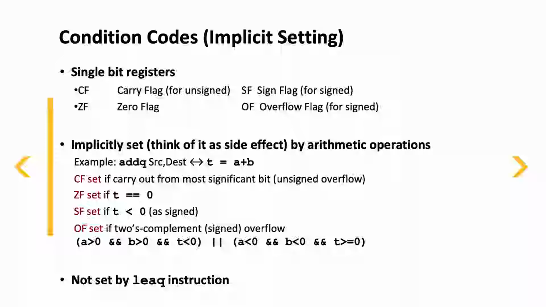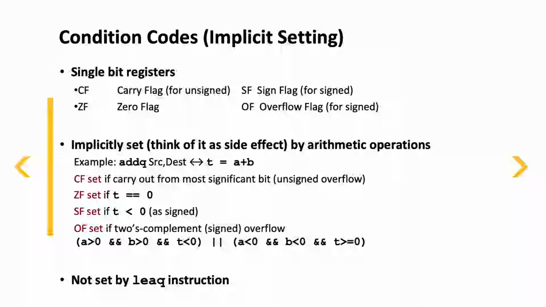So if there's carry out from the most significant bit, then we'd have the carry flag set. The zero flag would be set if the result was equal to 0. So if I add A and B and the result that I get is 0, then we'll set the zero flag. The signed flag would be set if the result was less than 0. And the overflow flag would be set if there's 2's complement overflow.